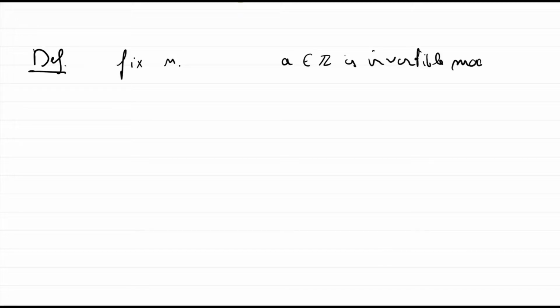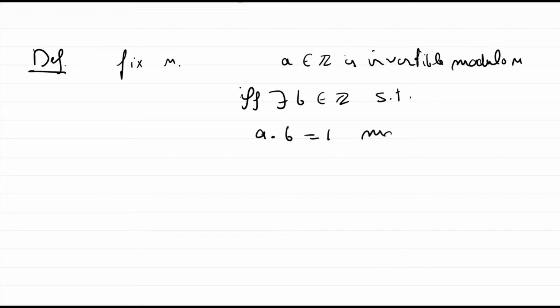Now I can give a definition. Fix n a natural number, and I say that a in Z is invertible modulo n if and only if there exists a b in Z such that a times b equals 1 modulo n.